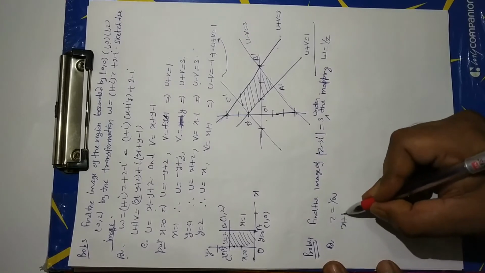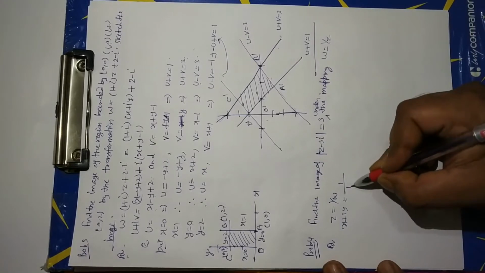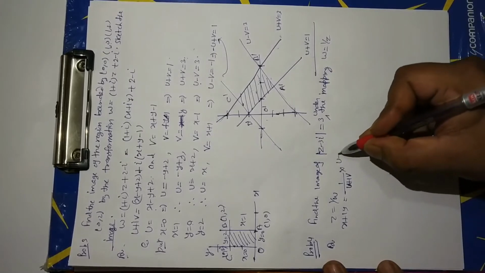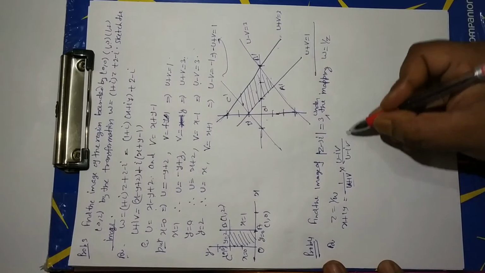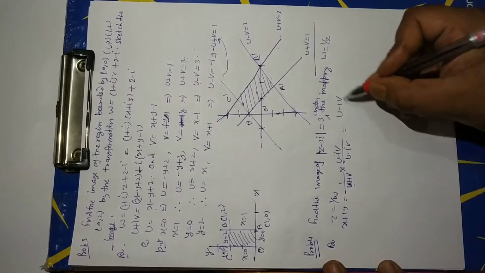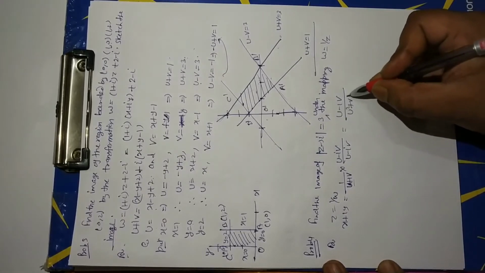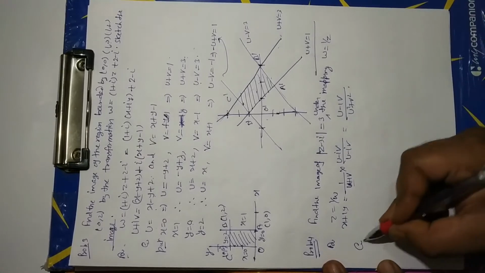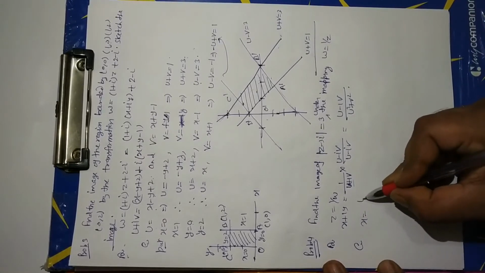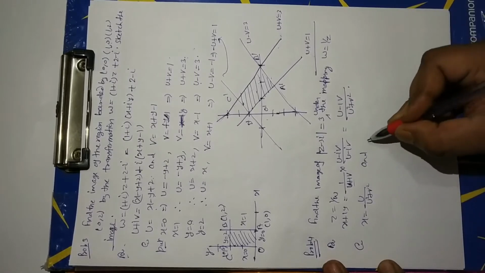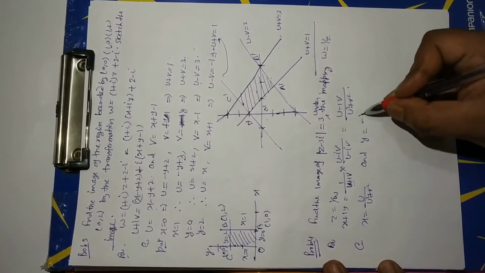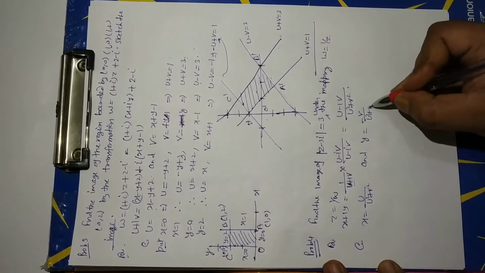Now x + iy is equal to 1/(u + iv). Multiply and divide by the conjugate, this becomes (u - iv)/(u² + v²). Now comparing, we get x is equal to u/(u² + v²) and y is equal to -v/(u² + v²).